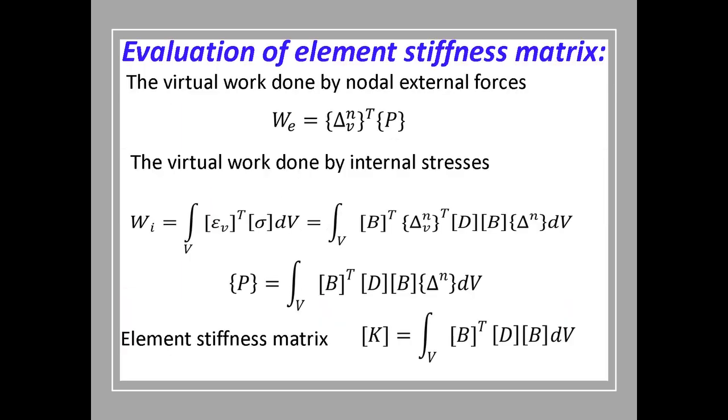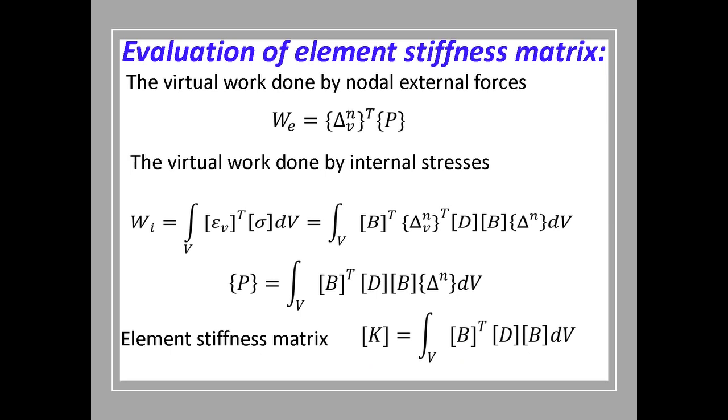The stiffness matrix of the plate element is obtained using the principle of virtual displacements. The virtual work done by the external forces is equal to the virtual work done by internal stresses. If we equate the first two equations, we obtain an expression of the plate element stiffness matrix in terms of both the constitutive matrix D and the strain displacement transformation matrix B. Both are known and expressed in terms of the nodal coordinates and material properties.